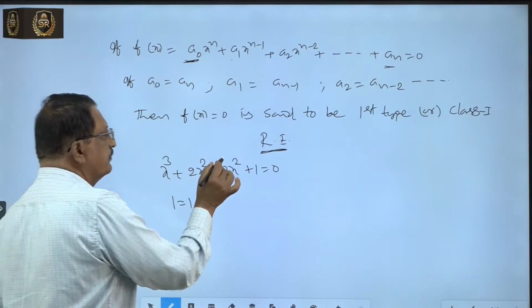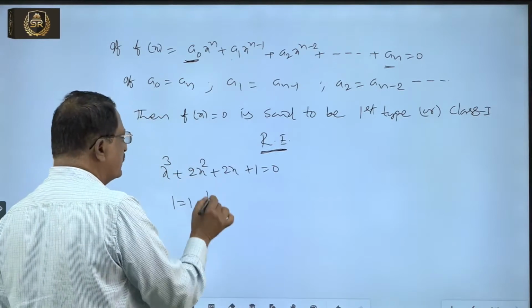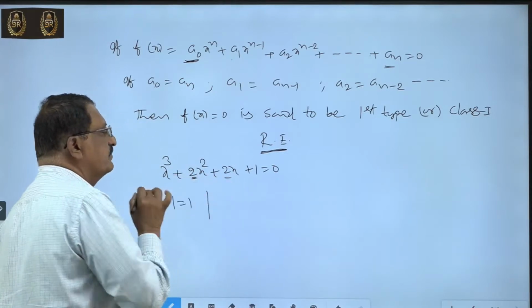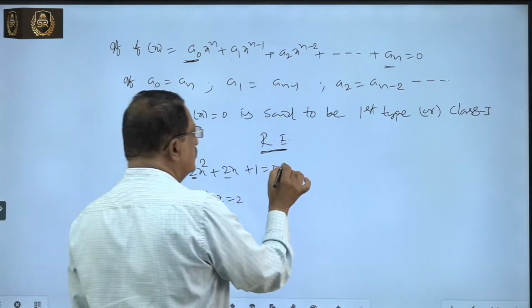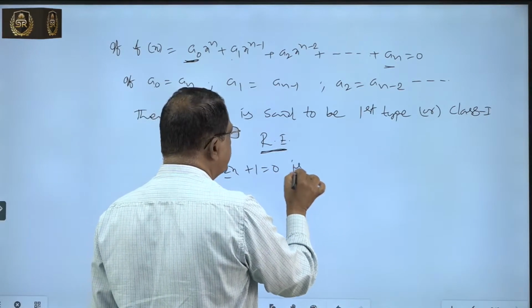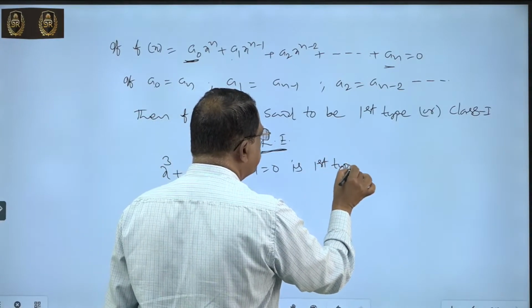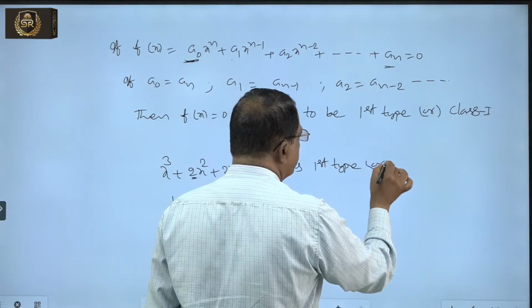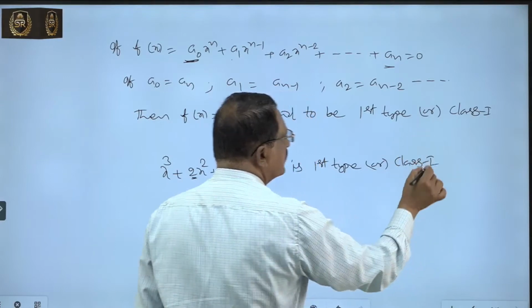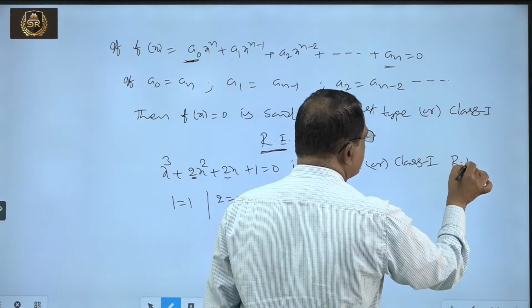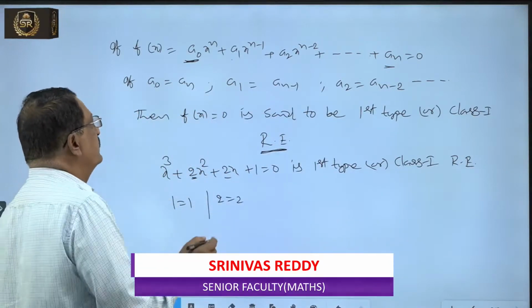Next, the coefficient of x square is 2 and the coefficient of x is also 2. So 2 equals 2. It is a first type or class 1 reciprocal equation.